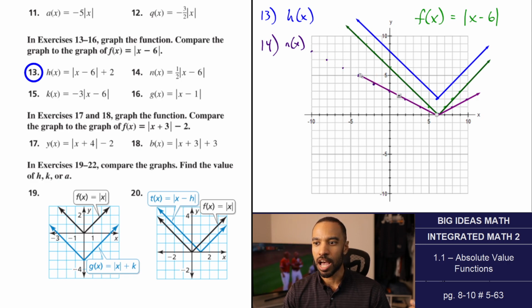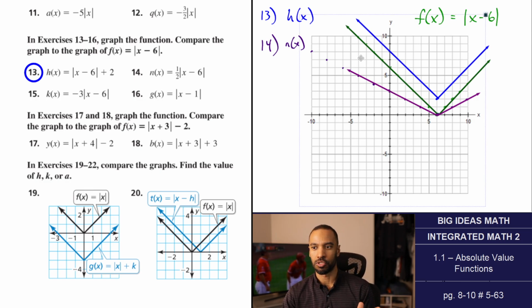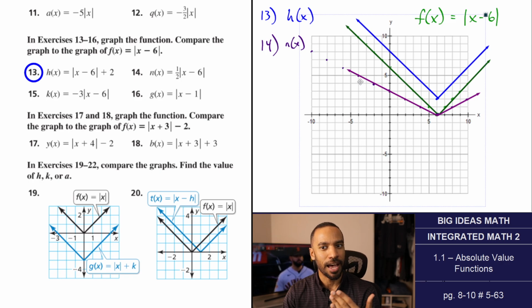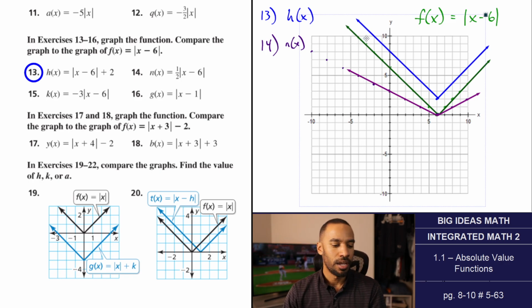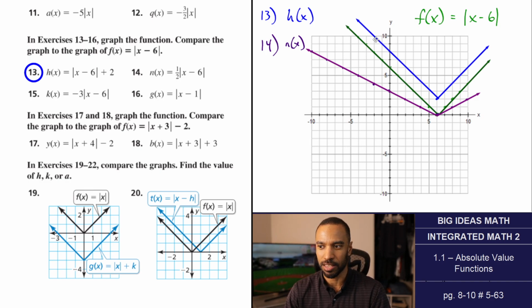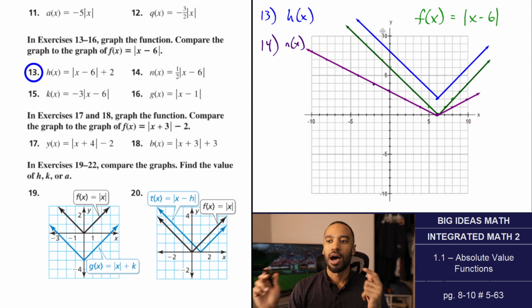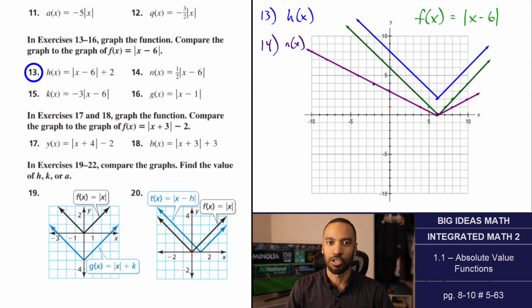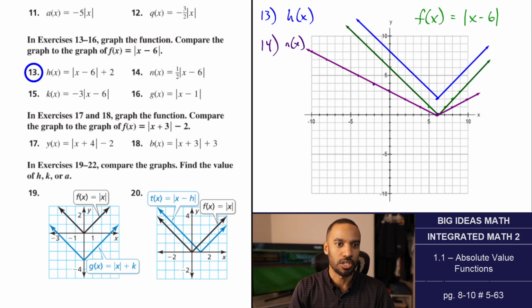See, I didn't stop it the same amount that I stopped this one. But when you compare the two like that, if you ignore those dots and you just compare green to purple, you can just see that everything is half the height that these ones are. The fact that I draw it farther out just because I can fit it in the window range is irrelevant to the fact that they both go left and right forever. But this is vertically compressed by a factor of 1/2. I'm sorry, I was not changing the circles on here. That was number 14.